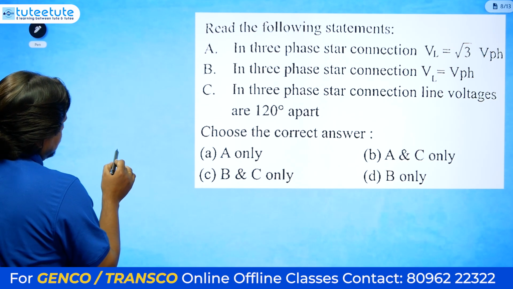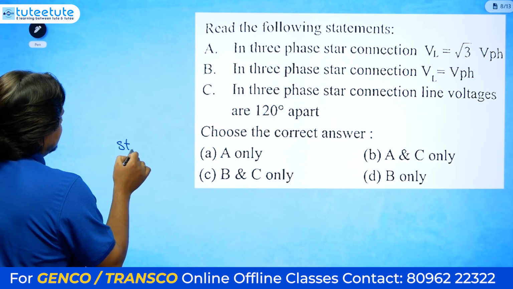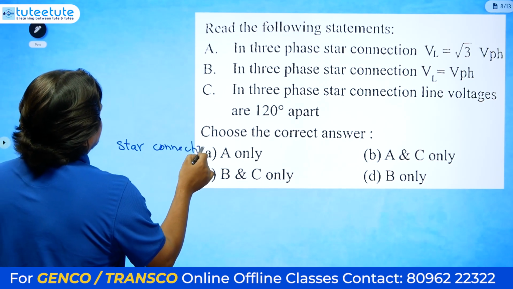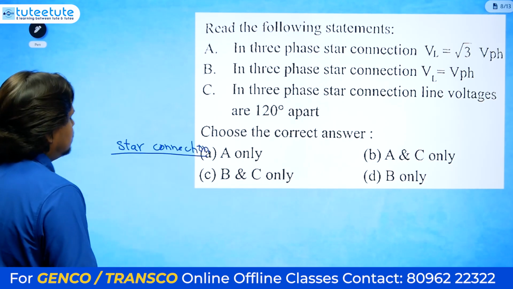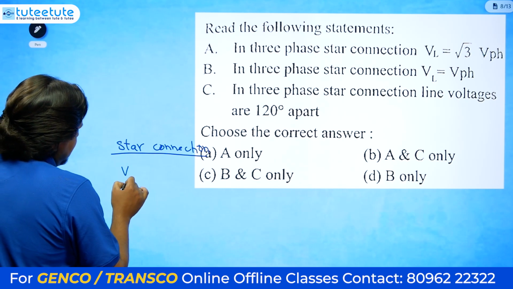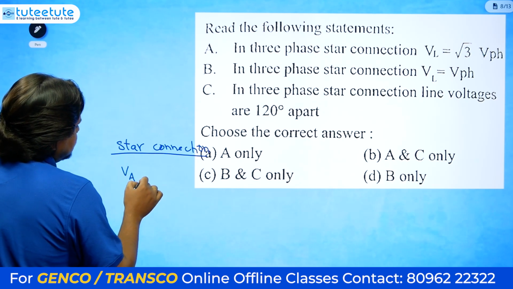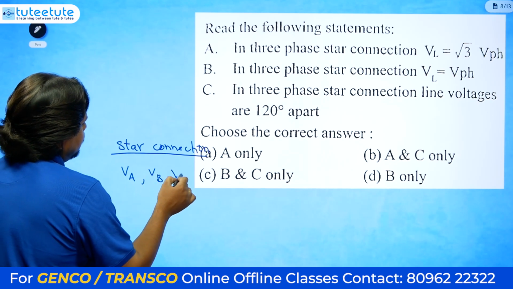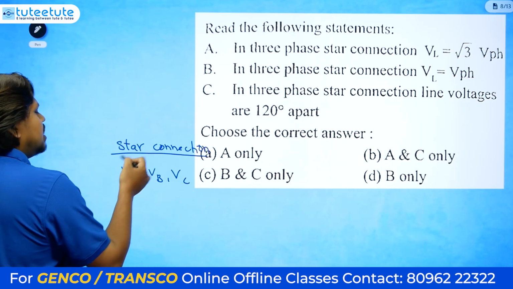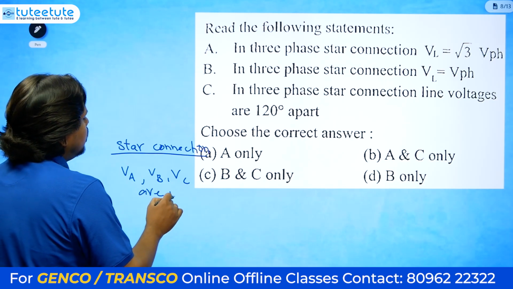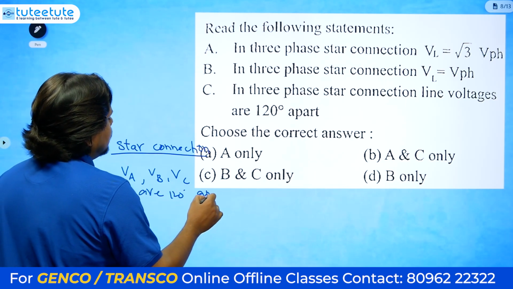We know that whether it is a star connection or a delta connection, what do we need to consider? The voltages VA, VB, VC, in a star connection or a delta connection, anything, are 120 degrees apart.